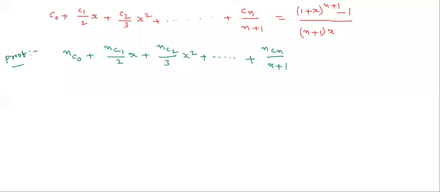Students, you know very well nC0 value is 1. nC1 means n by 2 into x. nC2 means n into n minus 1 by 1 into 2, and the denominator 3 is there, into x square plus and so on. The last term nCn is 1 by n plus 1.